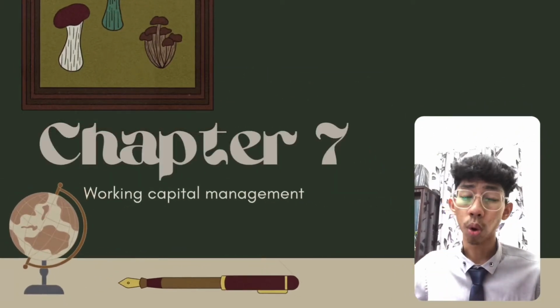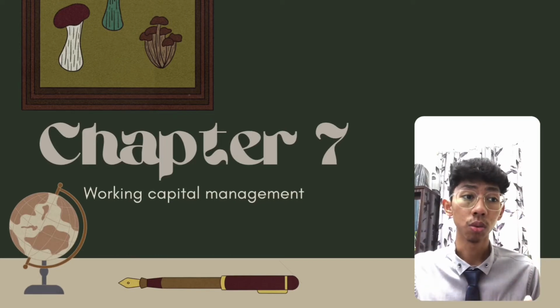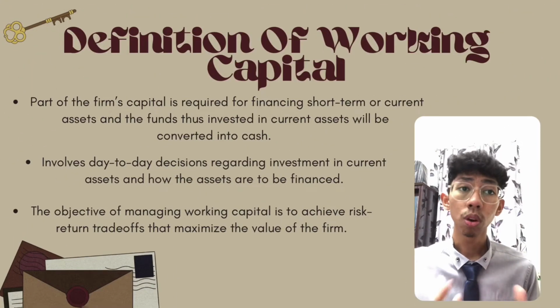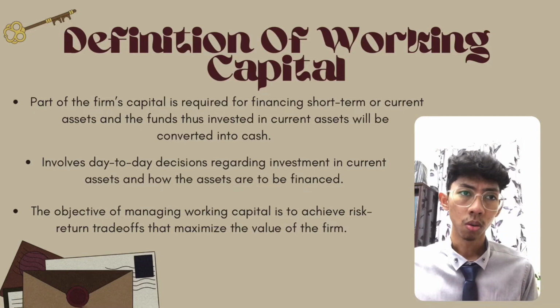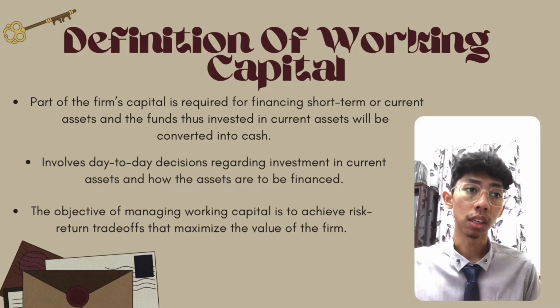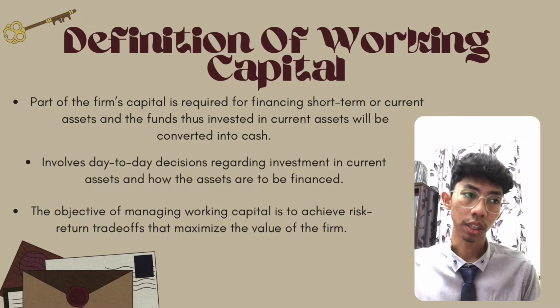So, without wasting our time, we go to Chapter 7, which is working capital management. Definition of working capital management. Working capital management is a part of the firm's capital required for financing short-term or current assets, and the funds thus invested in current assets will be converted into cash.